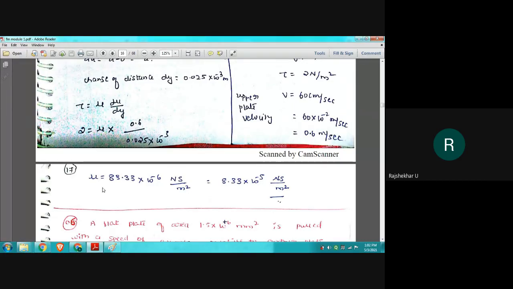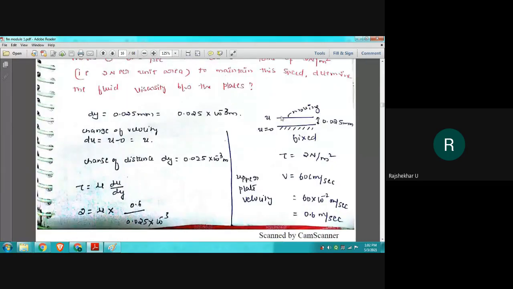Usually the viscosity is in the range of 10 power minus 6. If this is the viscosity, then the plate can move. If you use this liquid between the fixed plate and the moving plate, the plate can move with a velocity of 60 centimeter per second when we apply a force of 2 Newton per meter square area.